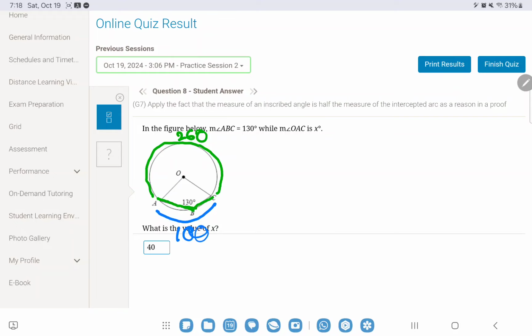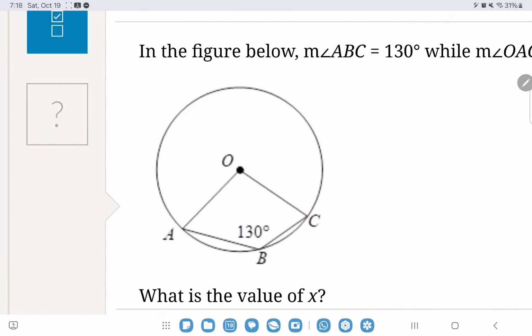So if this is 100 and this is a central angle, this is also 100. Now we know that OA and OC are congruent. Why?